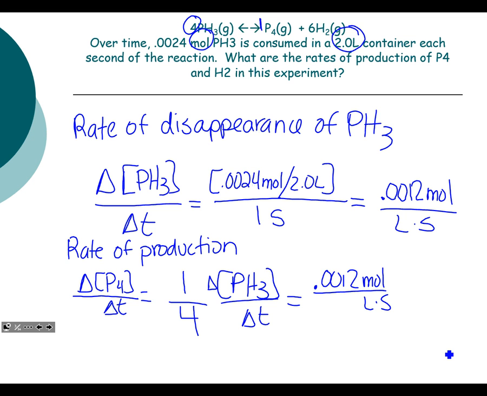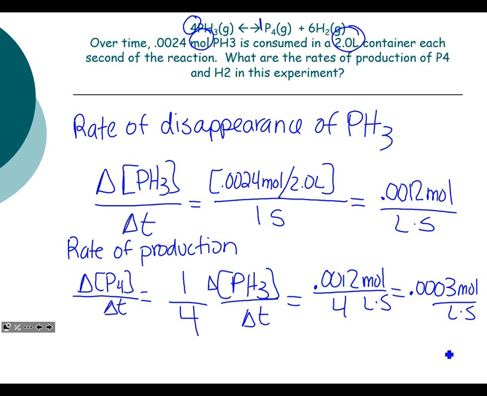We'll divide that by 4. And the rate of production of our P4 is 0.0003 moles per liter second, which it should make sense, where you make a whole lot less than we consume of the pH 3.